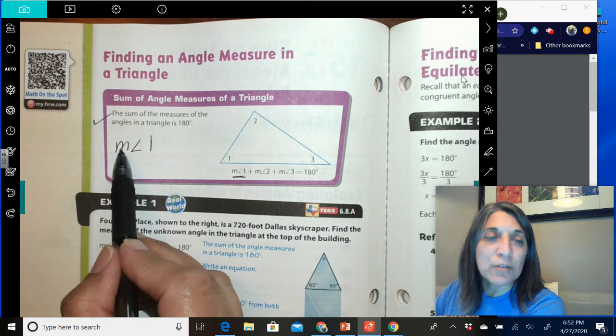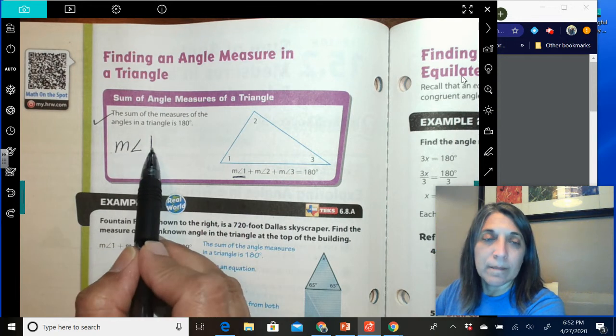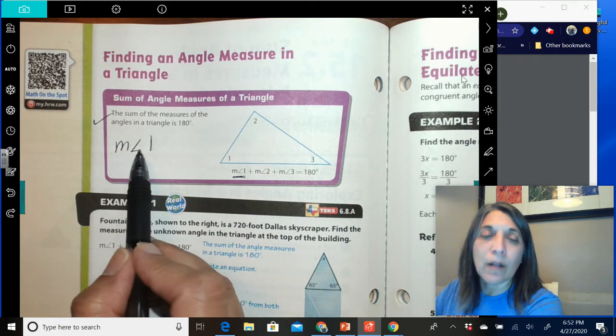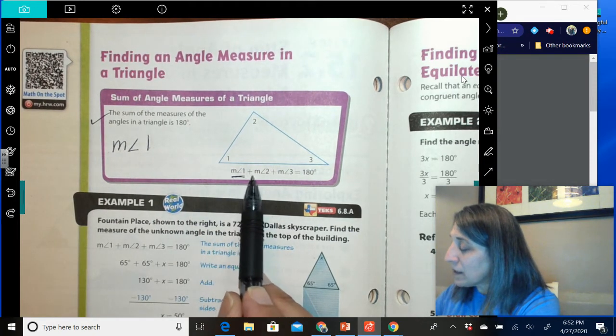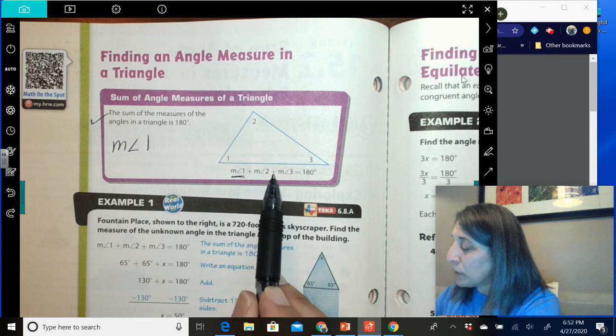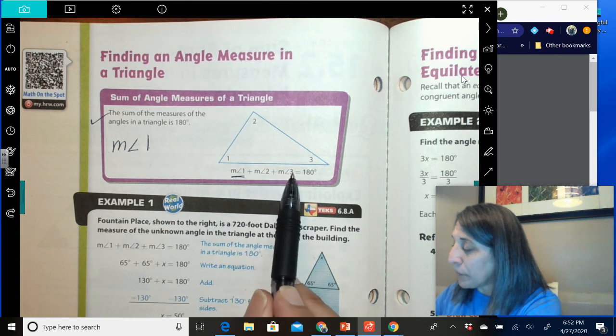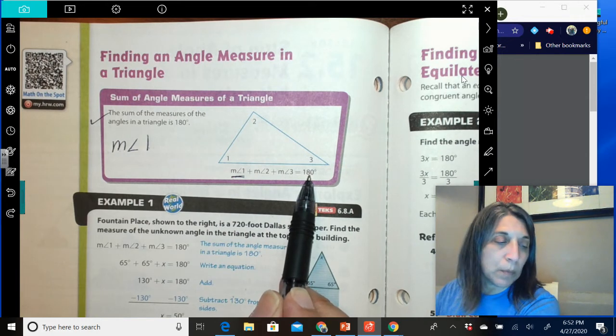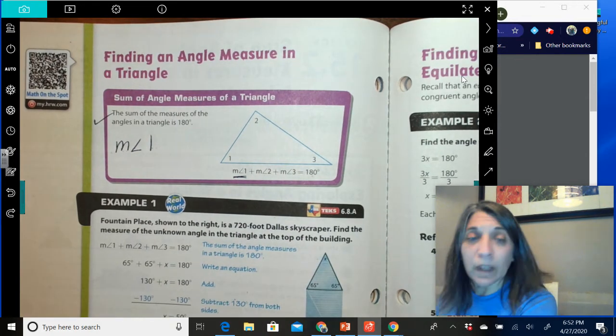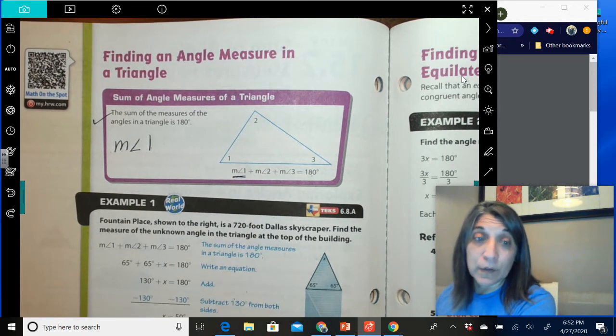It's basically saying the measure of angle 1. That's how you read it, the measure of angle 1. So this is saying the measure of angle 1 plus the measure of angle 2 plus the measure of angle 3 equals 180 degrees. We probably should have put that in our notes when we wrote that rule, but you'll be seeing this a lot in the future.